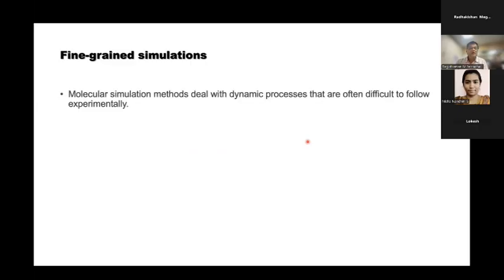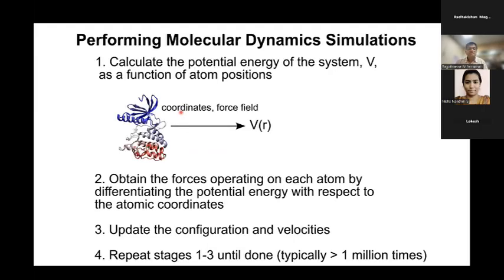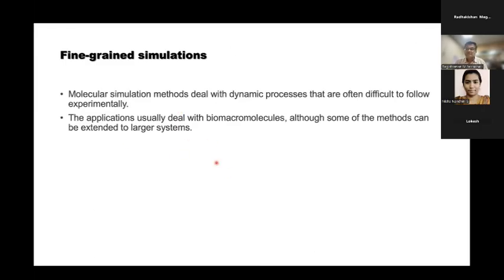Okay. So what are fine grain simulations? Fine grain simulations are nothing but molecular dynamics simulations, where we want to see what the atomistic movements are. The application for these is dealing with biomolecules like proteins, DNA, lipids, carbohydrates.